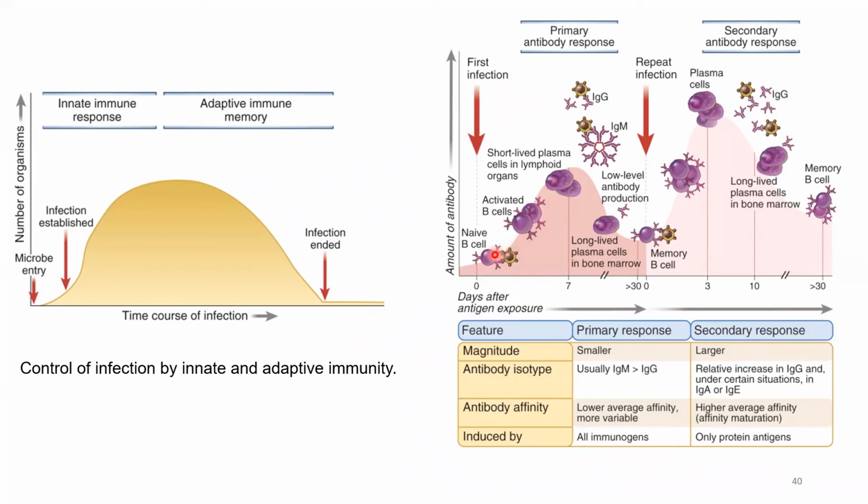We get the trigger of naive T cells or naive B cells to be activated and proliferate into effector cells: B cells become plasma cells that produce immunoglobulin, and T cells become effector T cells. We also get memory cells, so when we are infected again we shorten the time to produce a secondary immune response, with higher immunoglobulin and more T cells. So this is the summary of our immune response.